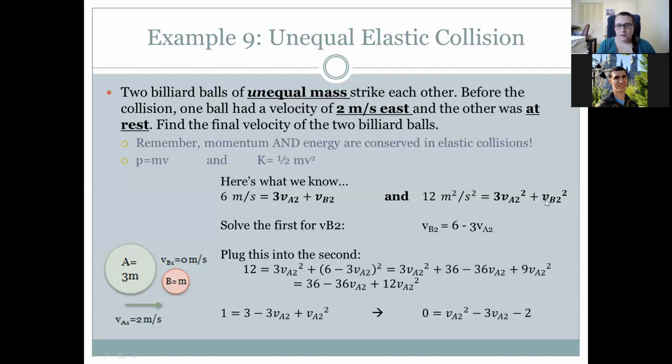Why did I square it when I plugged it in? Because over here, VB final is squared. And so we got a result for VB final, but now VB final has to be squared. And so that squares that whole term there. Does that make sense, Marco?